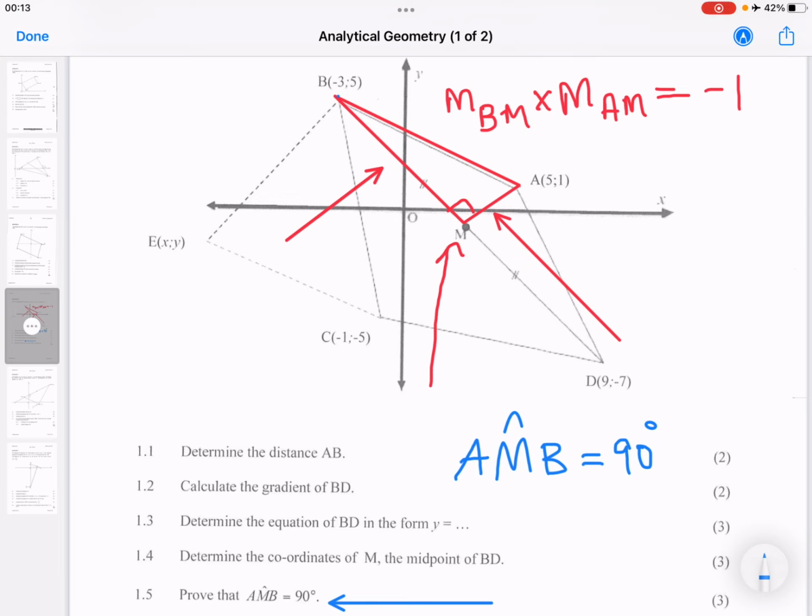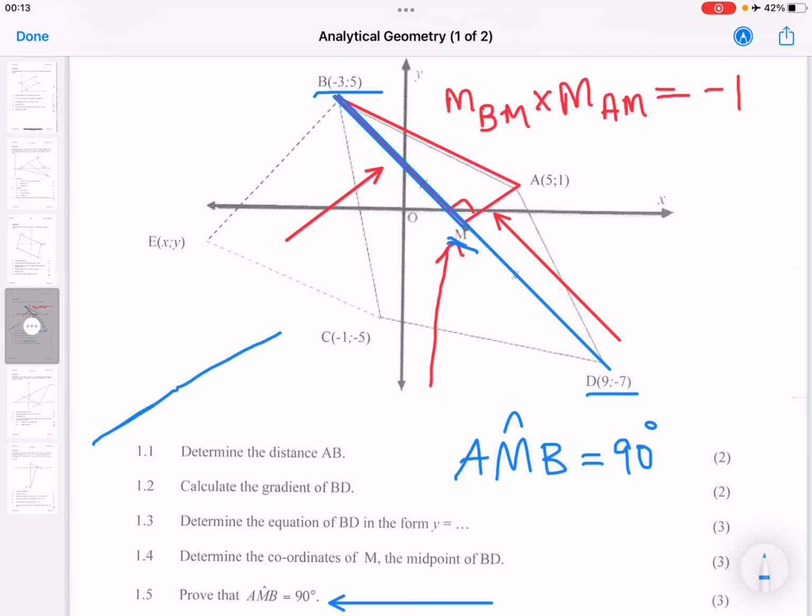Remember, the gradient of BM is the same as the gradient of BD, because BM and MD are collinear, meaning it's just the same line being extended.